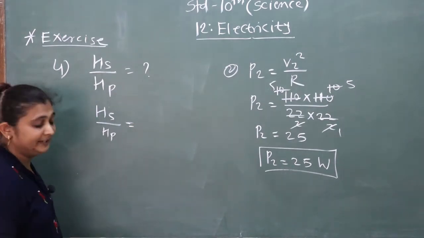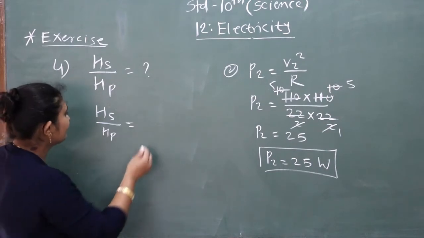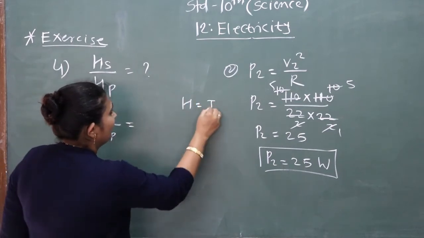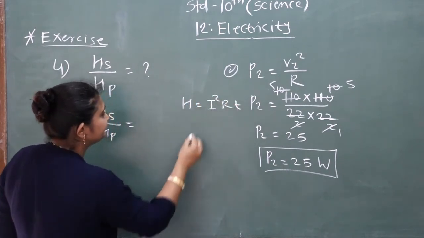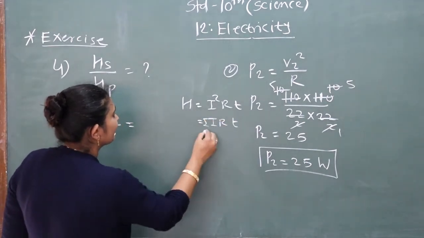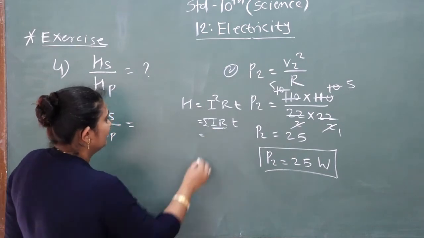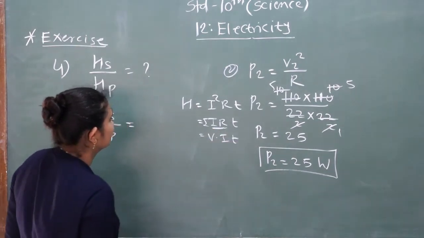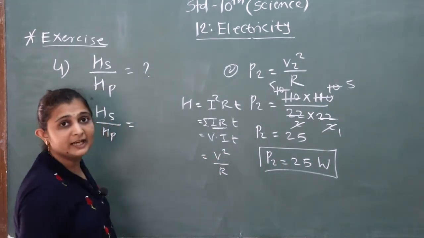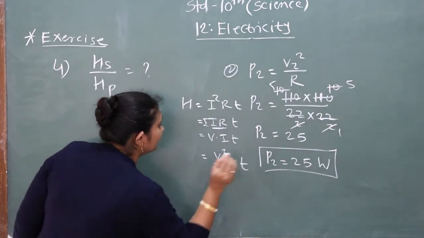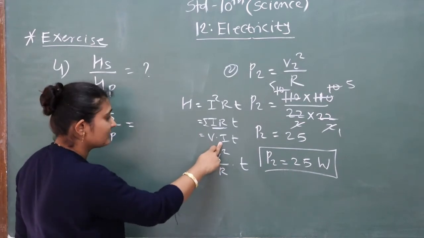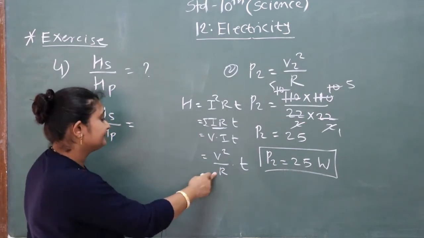Heat is equal to I square R T, or V I T. But we have to use the V square upon R formula here: V square upon R into T, since I is equal to V upon R by Ohm's law.